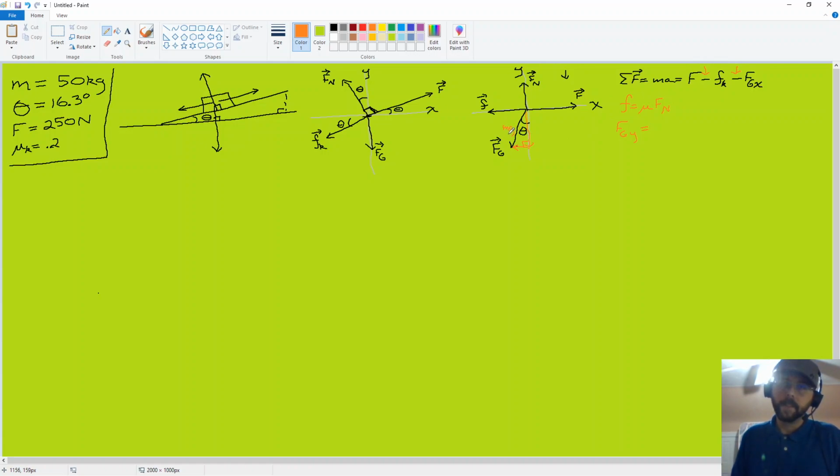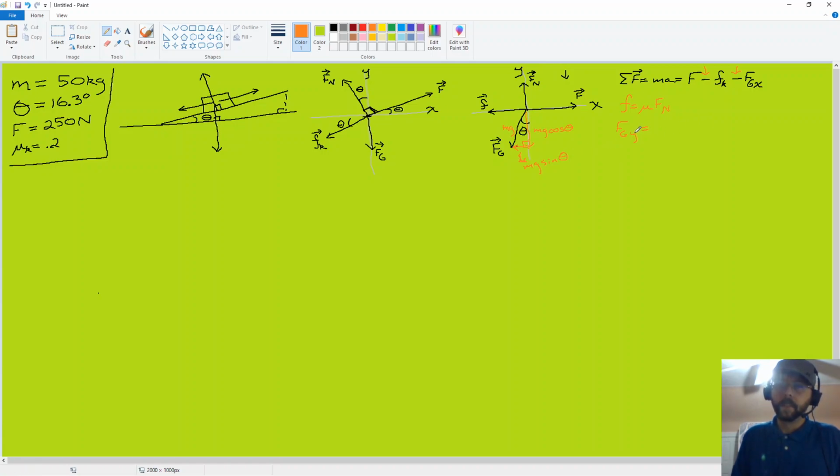So if this is mg, this value adjacent to the angle becomes mg cosine of theta, and this component, opposite the angle, becomes mg sine of theta.